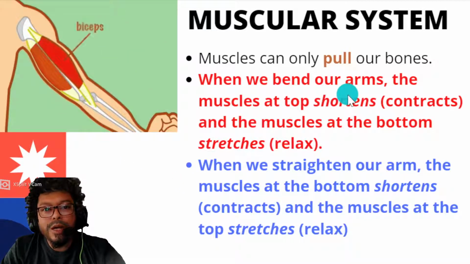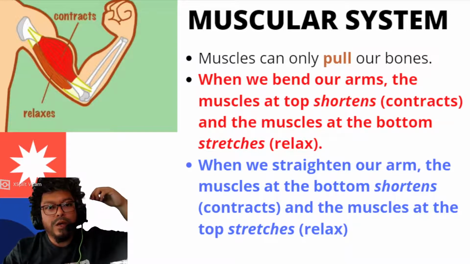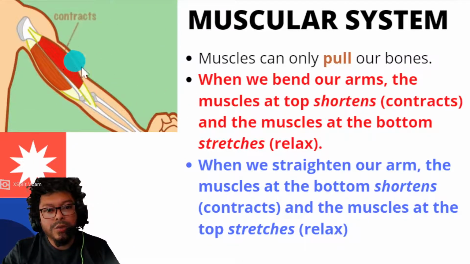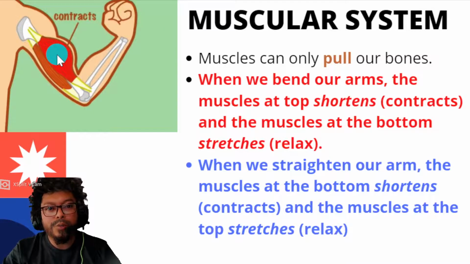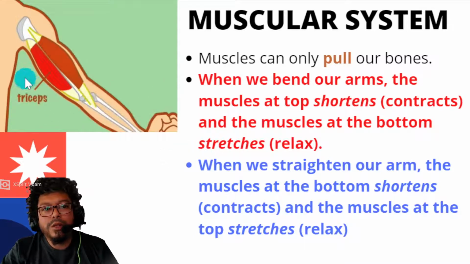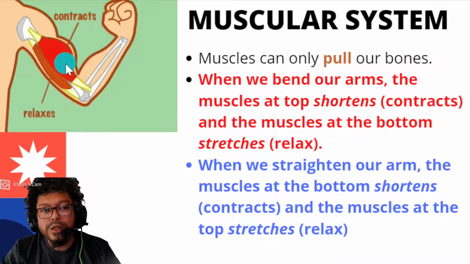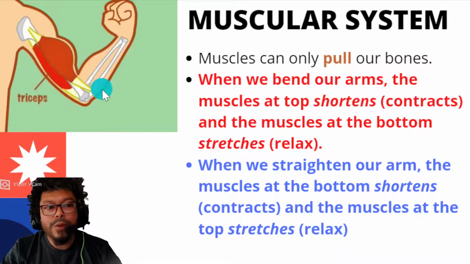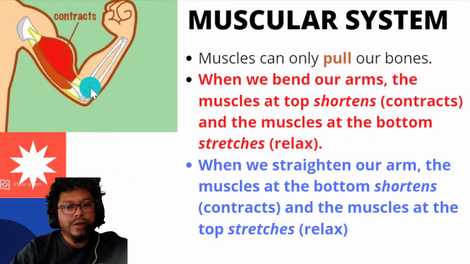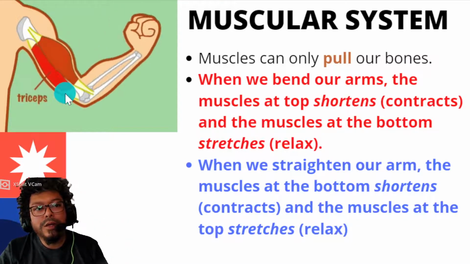When we bend our arm upwards like this, the muscle at the top shortens, or contracts or pulls, and the muscle at the bottom stretches or relaxes. So this one is working by pulling the bones here, so you can lift your arm like this, and the bottom muscle relaxes.